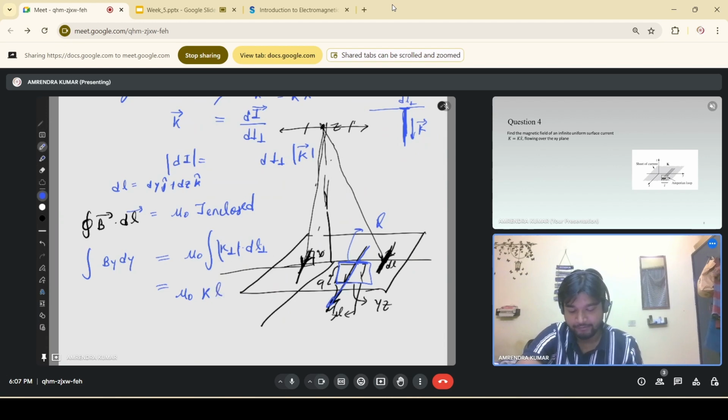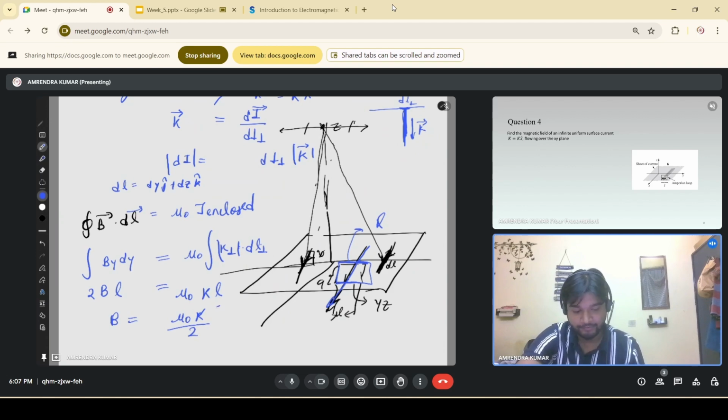Since B_y will be integrated over this dl on both sides, it will be 2BL, and the other contributions are 0, so B is equal to mu 0 K over 2.